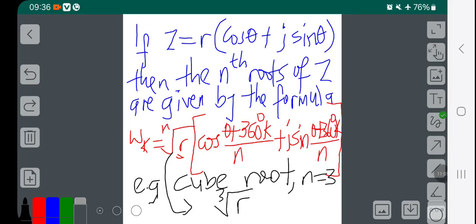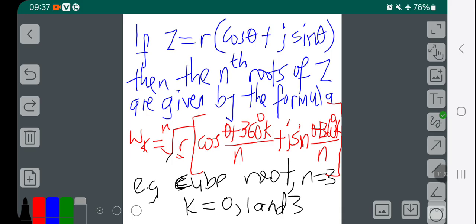Now, what about your k? How do you deal with that k? Since my n is 3, I'm going to have the first 3 terms of my k. Since our k starts from 0, 1, 2, my k here will be equal to 0, 1, and 2.